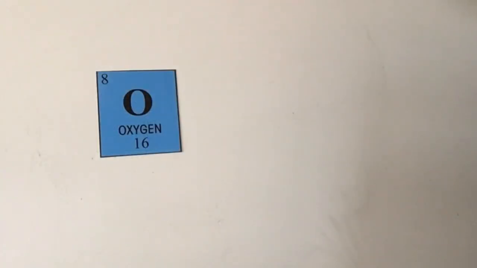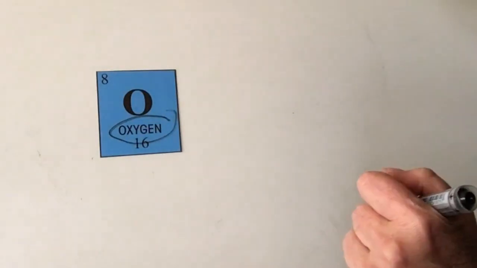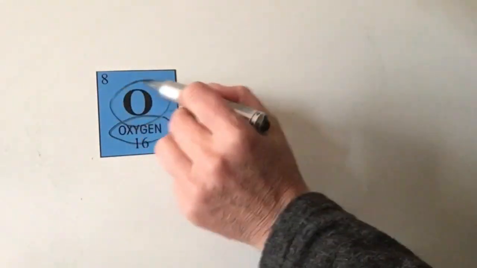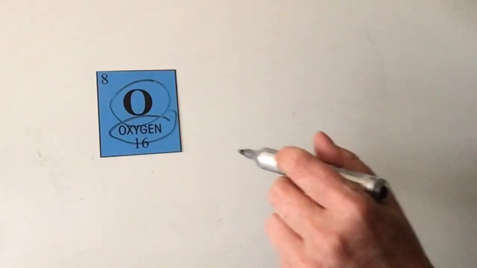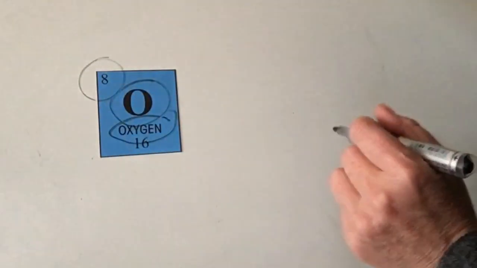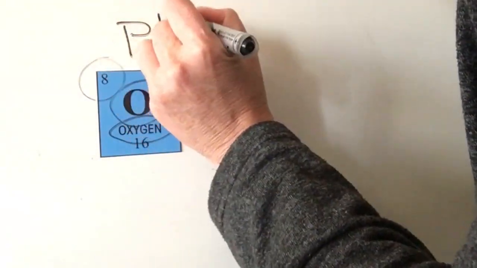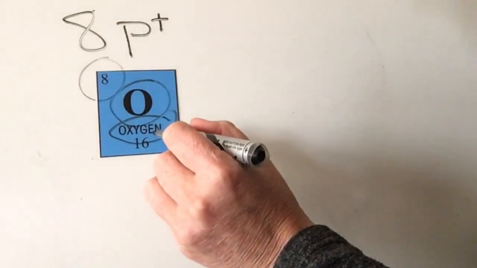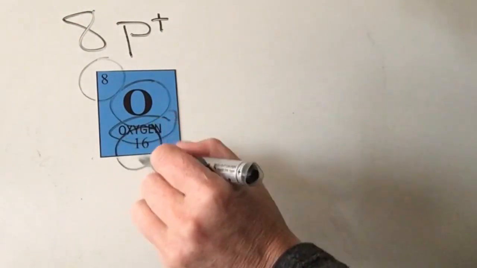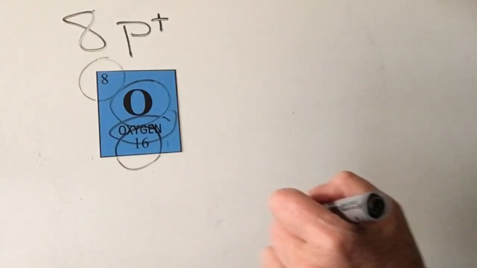Right, let's do another element quickly together. Okay, oxygen is its chemical name. Capital O is its chemical symbol. It is position number 8 on the periodic table, which means it has 8 protons. It has an atomic mass of 16. Let's work out the neutrons together.